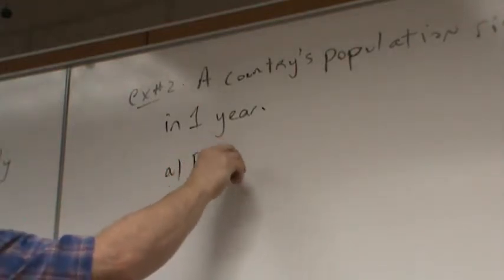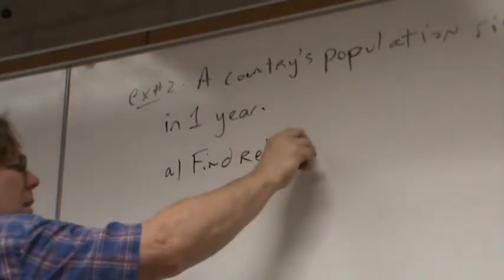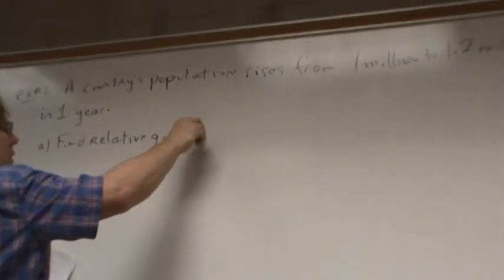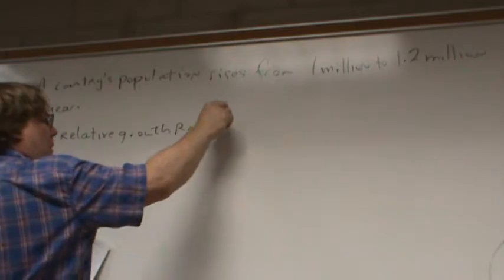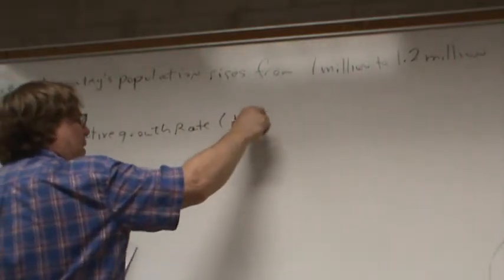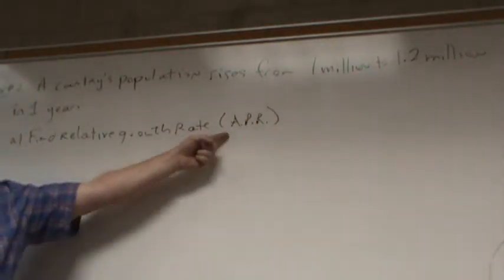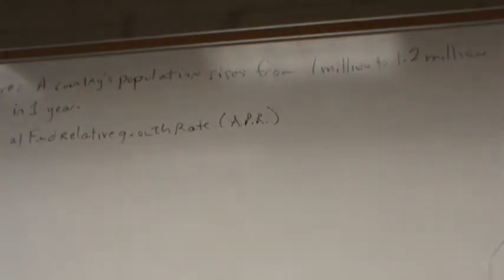Find the relative growth rate, the annual percentage rate, which in America we actually passed a law saying people have to tell you.